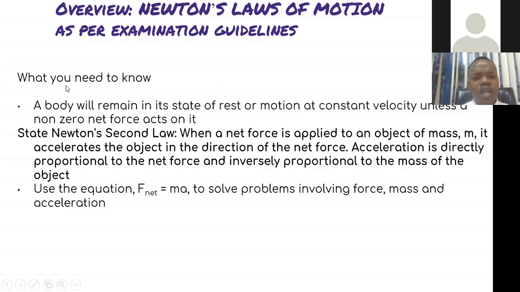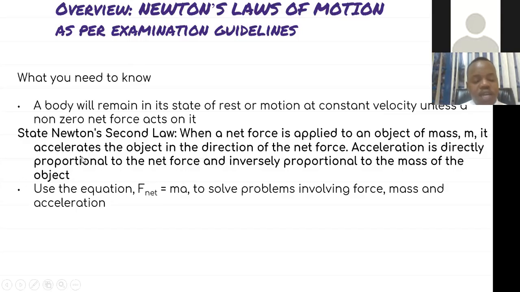Now, it's amongst what you need to know, the laws, but we won't be looking into that for now. We are just simply outlining what you need to know, and we will dwell more as we engage on Newton's first law of motion.